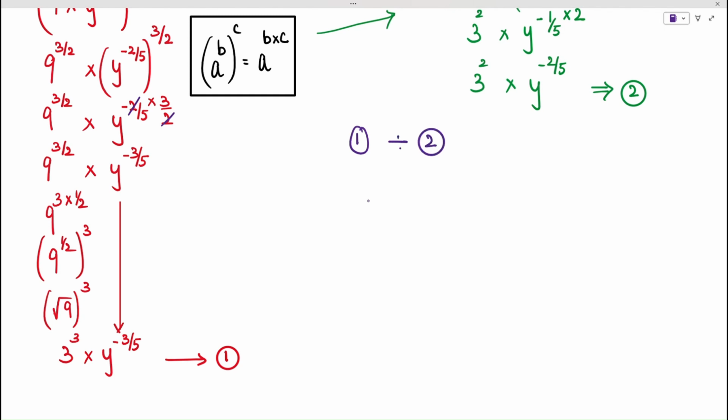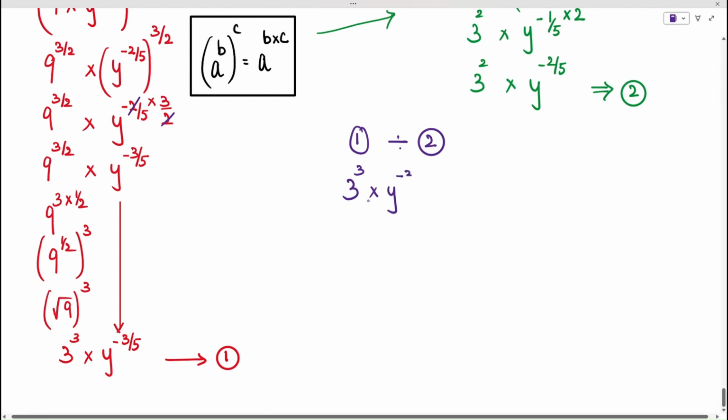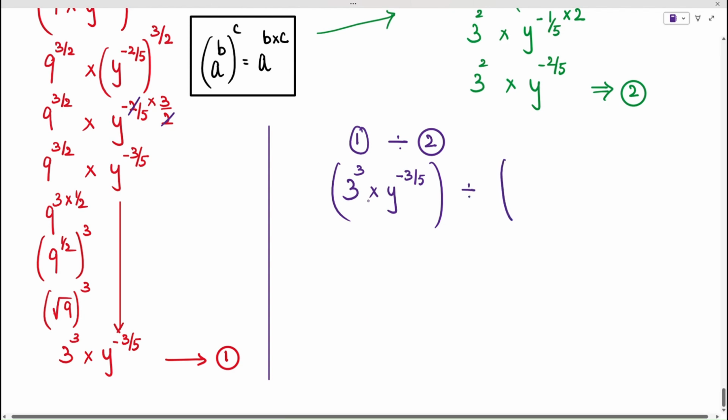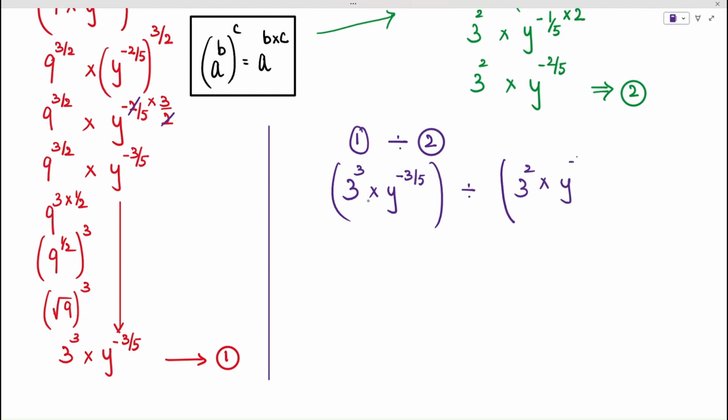So we're going to write this out as 3 to the power of 3 multiplied by y to the power of minus 3 over 5. I'm going to keep that in brackets. And then that's divided by now part 2, which is 3 squared times y to the power of minus 2 over 5.